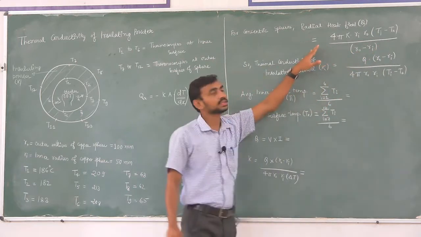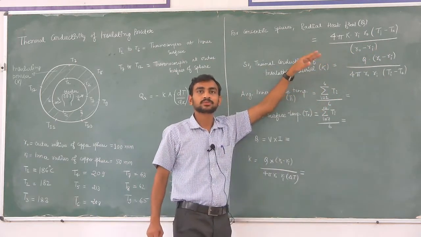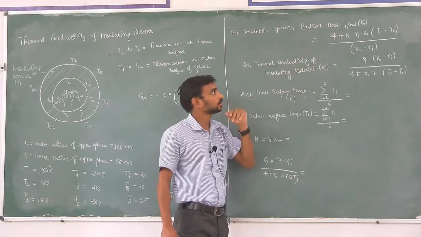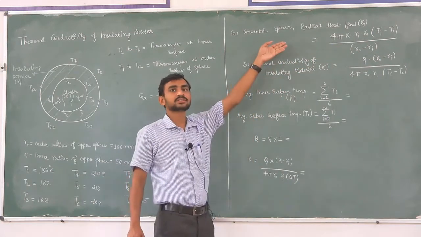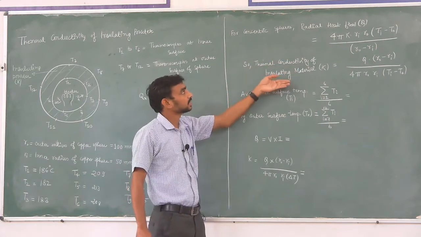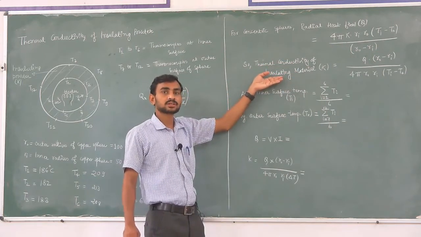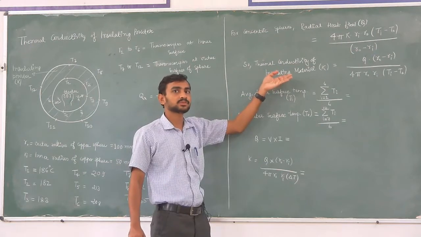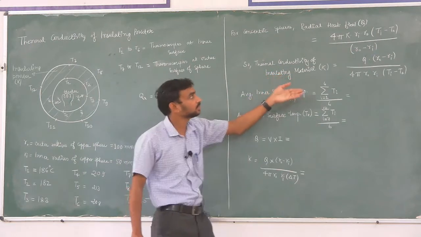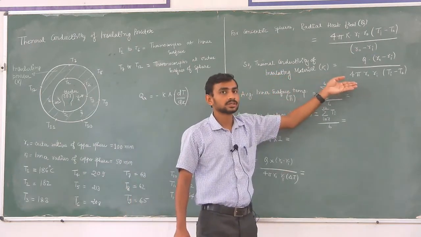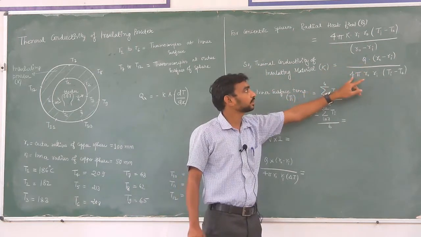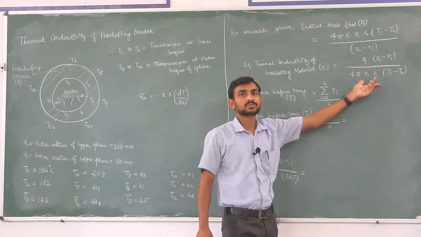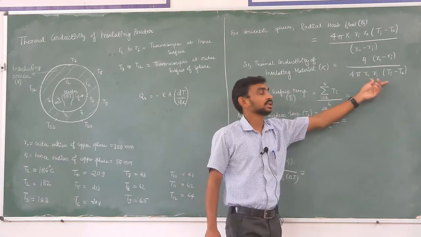So, this is the radial heat flow between inner and outer. If we rearrange this equation, the thermal conductivity of the material between two concentric spheres can be found by Q into thickness divided by 4 pi multiplication of both radii and temperature difference.